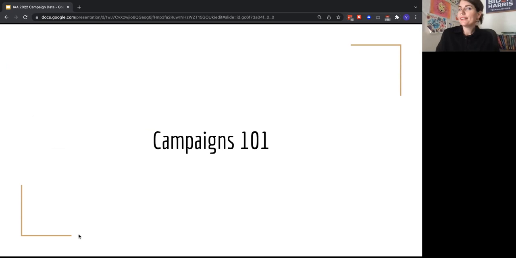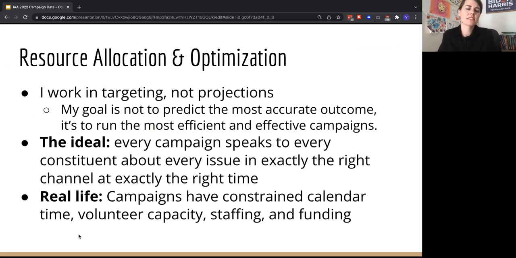Okay, so now let's actually talk about the political campaigns side of things. One thing I really want folks to walk away from this conversation remembering is that the type of data science that I do is very focused on resource allocation and optimization. It is not focused on election projections.